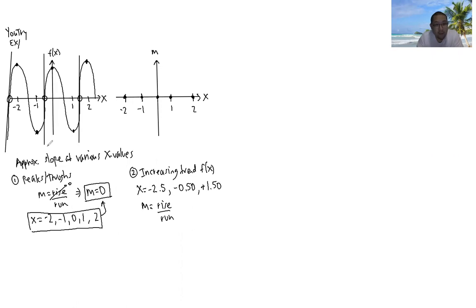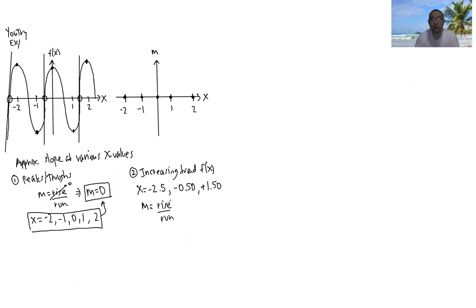It barely goes to the right, but it's increasing a lot. So you know that your rise is going to be a really, really big number. You know that the run is going to be quite a small number. So a really big number divided by a really small number is still quite a large number, right?